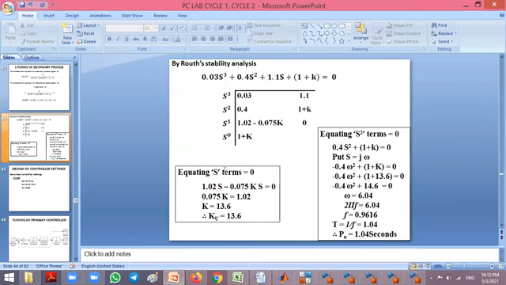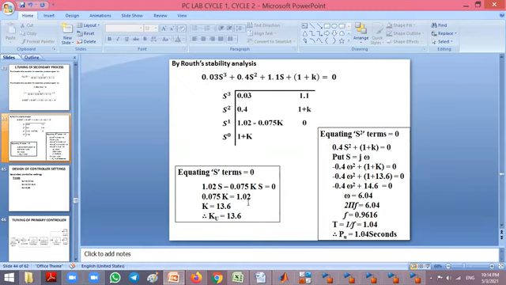Okay, now you equate the S terms to 0, that is the S power 1 terms to 0. So here you have only 1.02 minus 0.075k. The other term is 0 here, so it's just equal to 0.